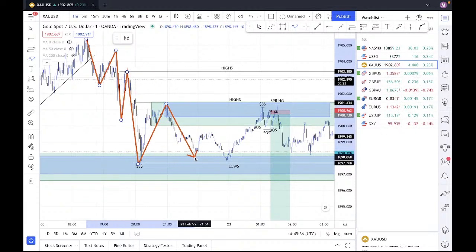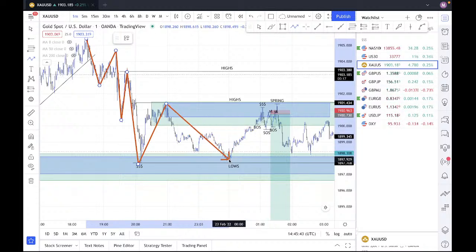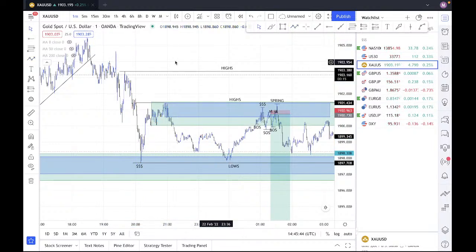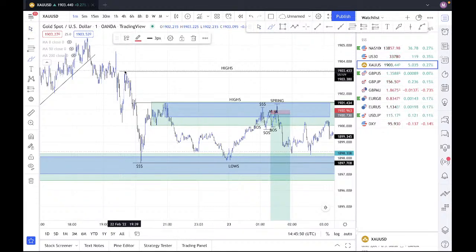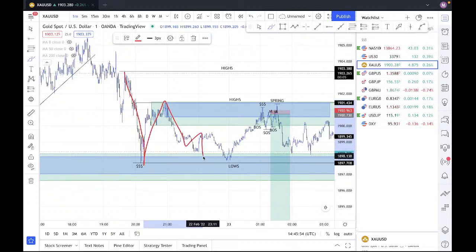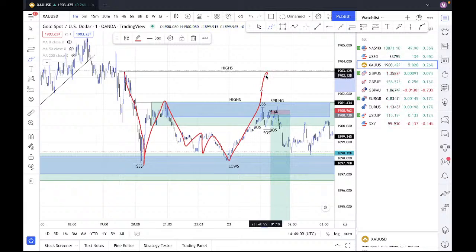So this is what people need to understand: once price gets to this point and it starts going up, even if this continues up, this could come up here, come down, come up, come all the way back up to here, and I'd still be bearish on this price right now, just from looking at this.